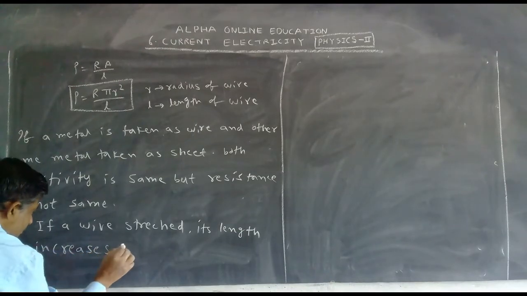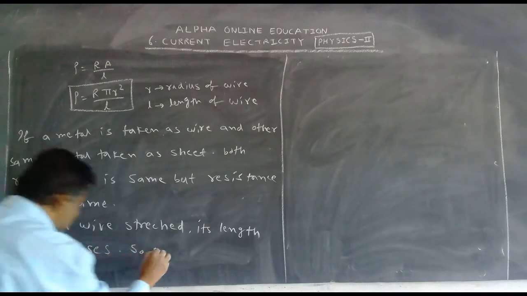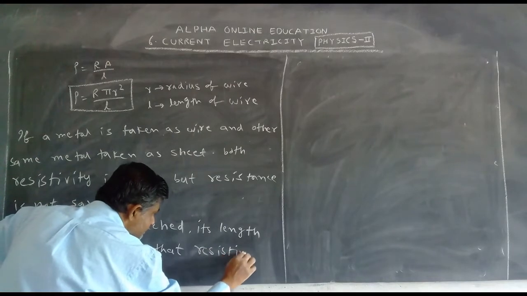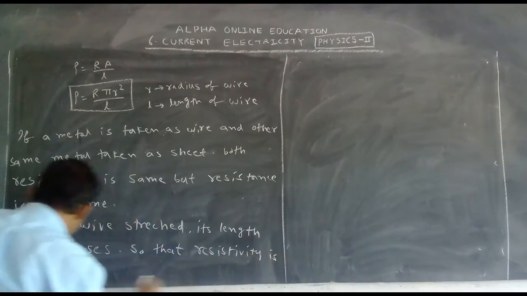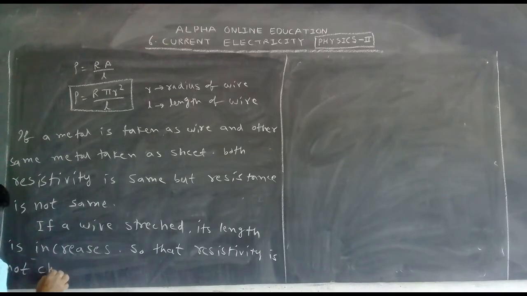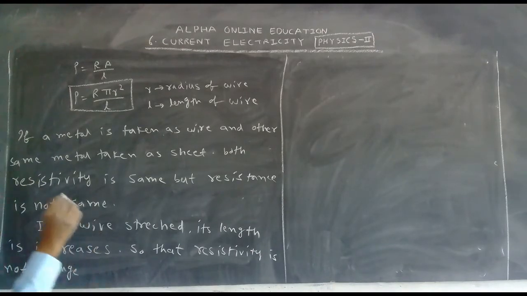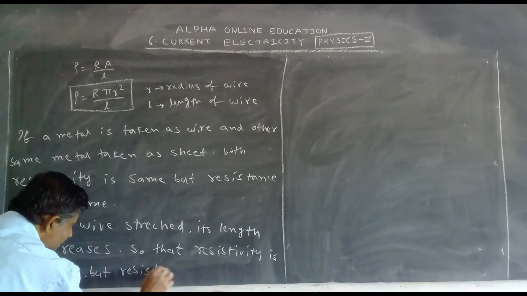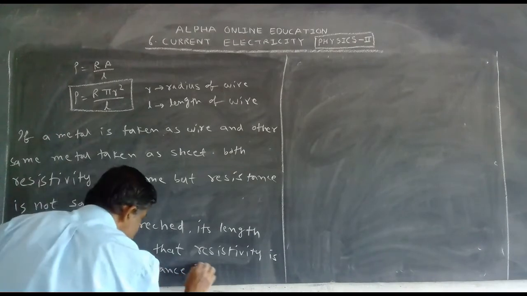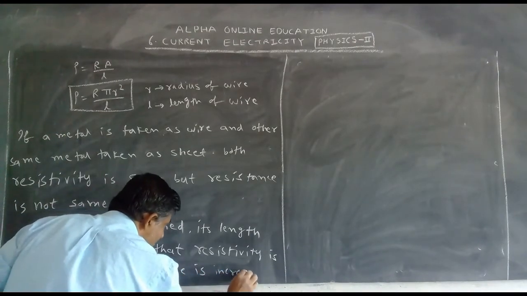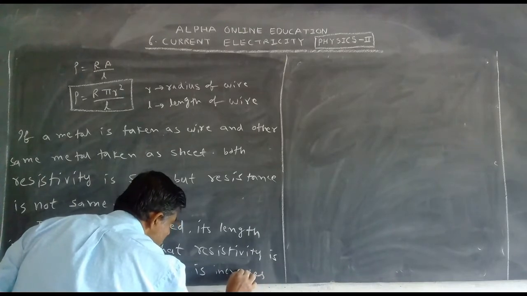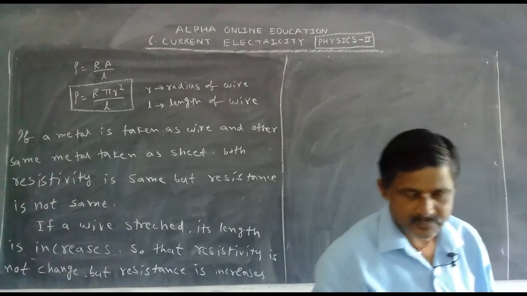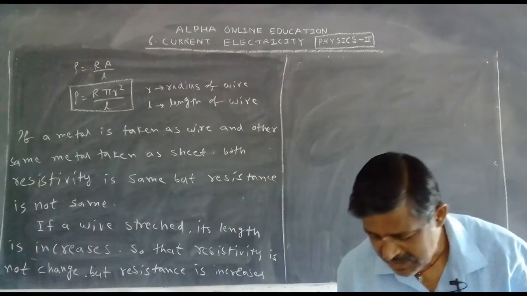Length increases, so the resistivity is not changed. Why? The metal is same, but the resistance increases. Why does the resistance increase? The length increases, so the resistance increases. Okay, this is very, very important.